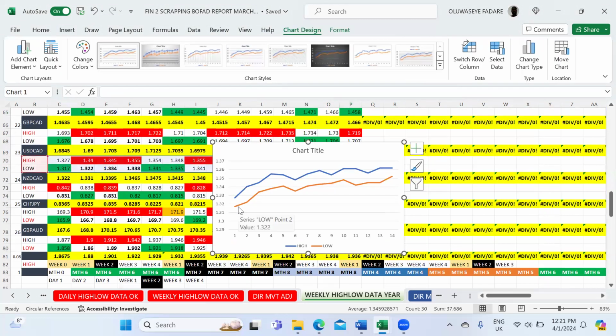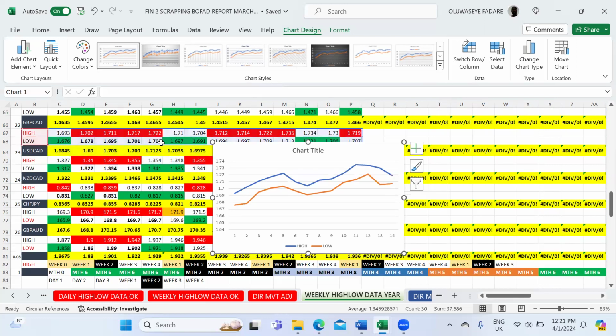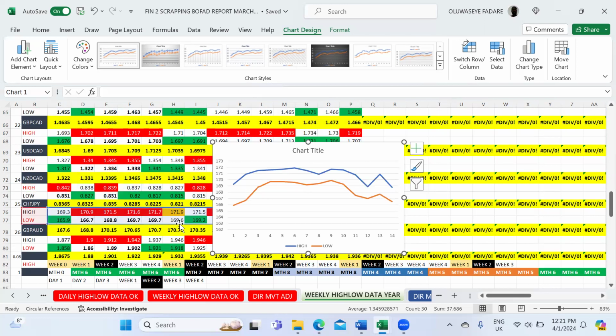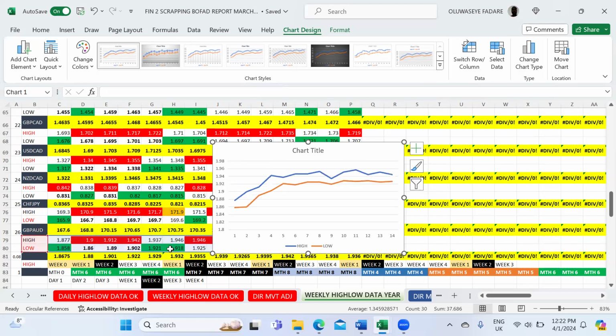You see, this news USD card has been a growth, going higher, going higher, going higher, going higher.